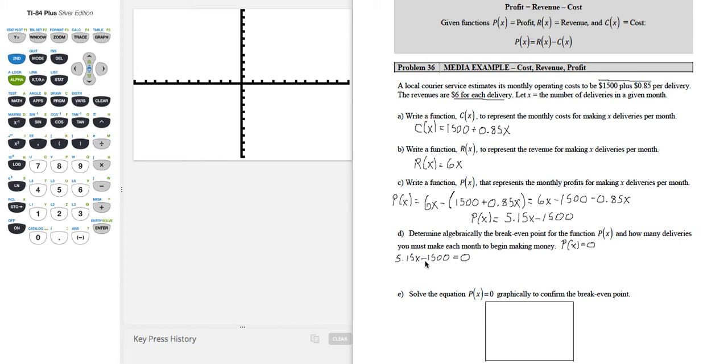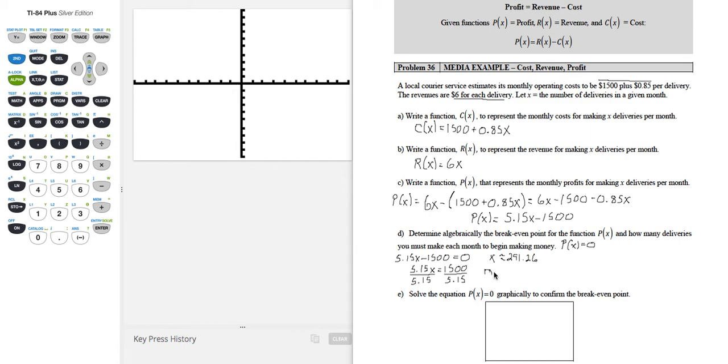My first step is to add 1,500 to both sides. So 5.15x equals 1,500. My second step is to divide both sides by 5.15. If I do that on my calculator, I get x is approximately equal to 291.26.